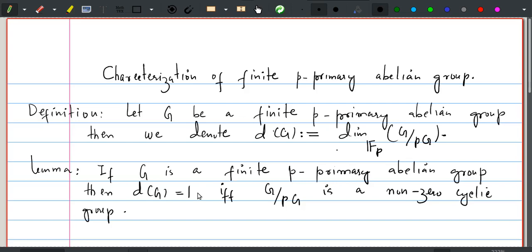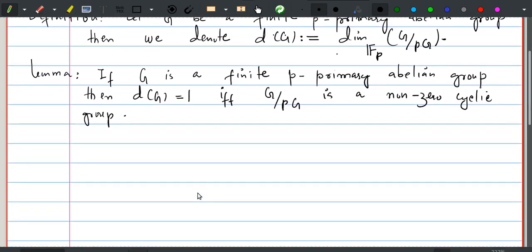So now to prove this theorem we need some results. This is the first result which we are going to need to prove this lemma. So this is the proposition.